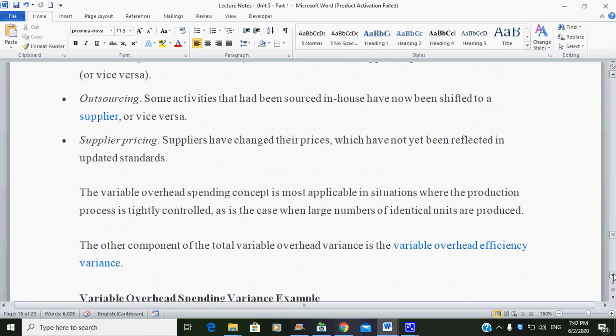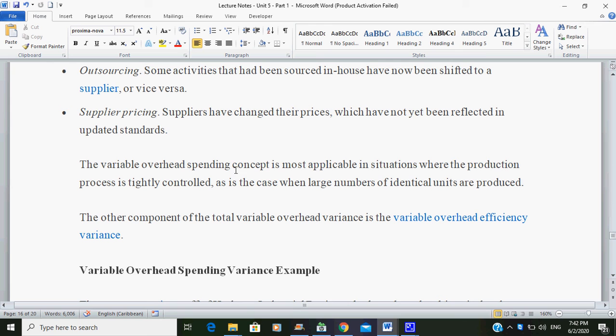In April, the actual variable overhead rate turns out to be $22 per labor hour. During that month, the production employees worked 18,000 hours. The variable overhead spending variance is the $22 actual variable rate minus the $20 standard overhead rate, times 18,000, which is $36,000 variable overhead spending variance. Alright.